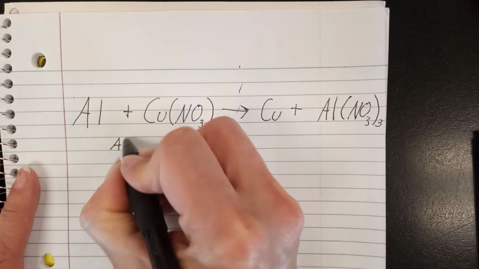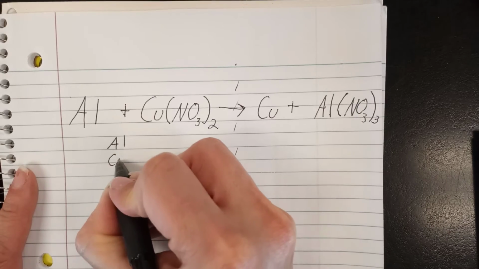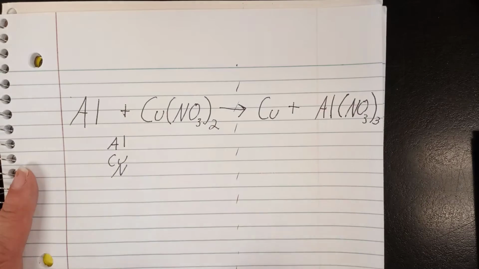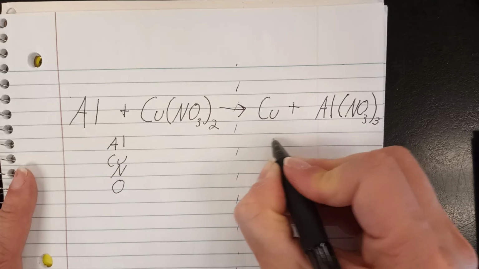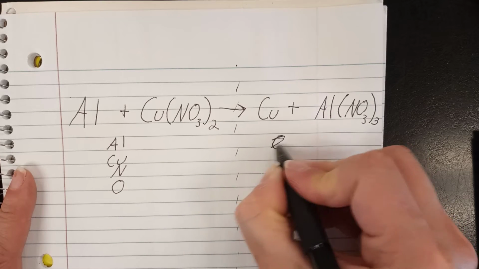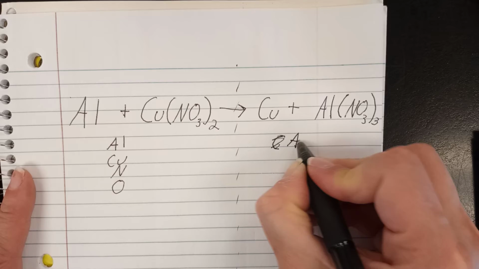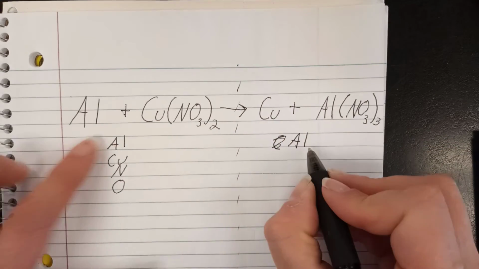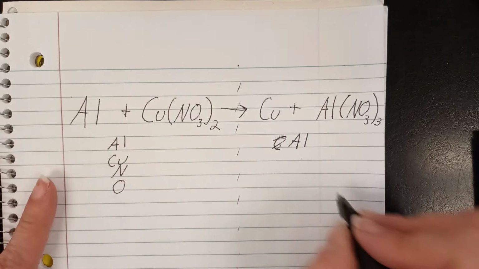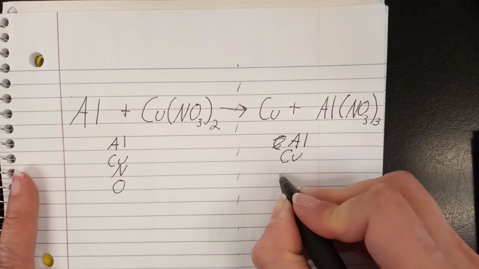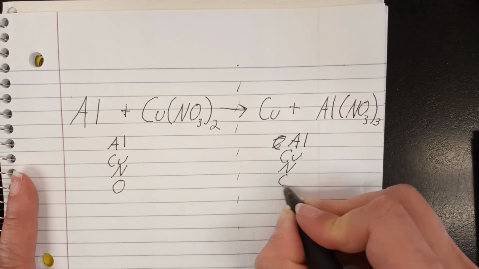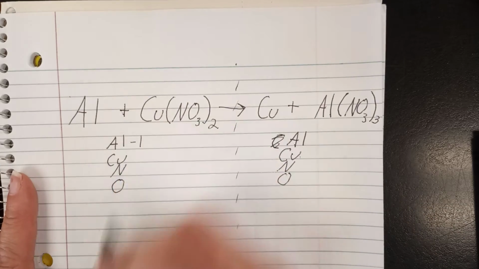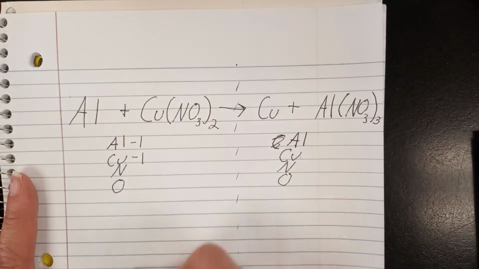elements. I have aluminum, and I have copper, and I have nitrogen, and I have oxygen. I have the same elements over here. Whoops. Put them in the same order, even though they don't appear in the same order here, right? Put your 2 lists in the same order. Copper, nitrogen, oxygen. So currently I have 1 aluminum, and I have 1 copper.